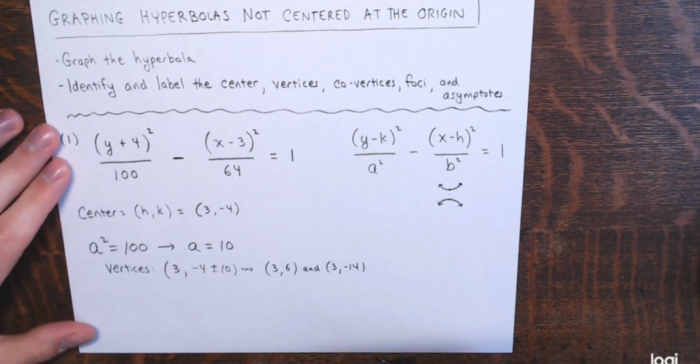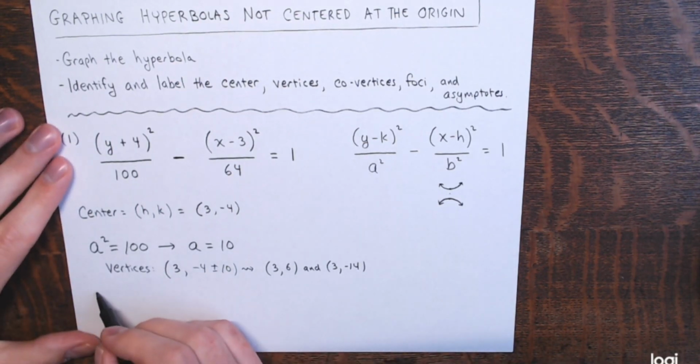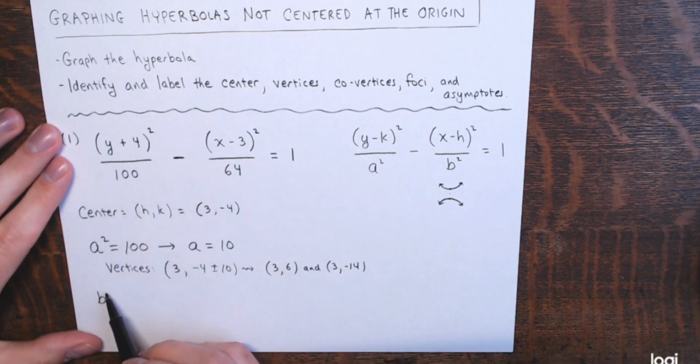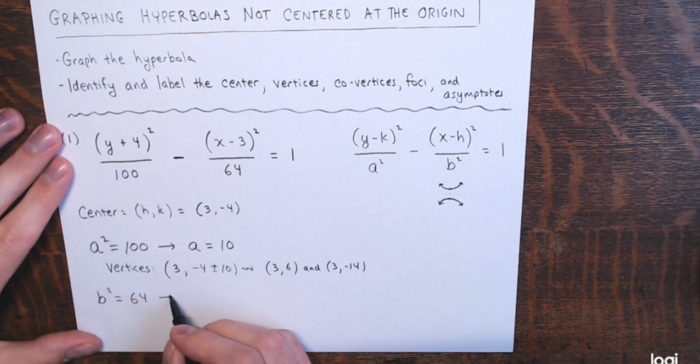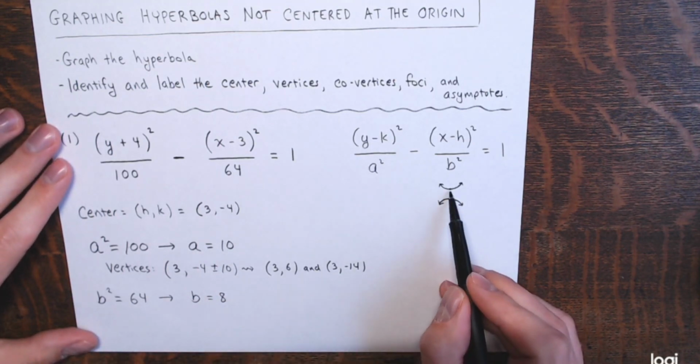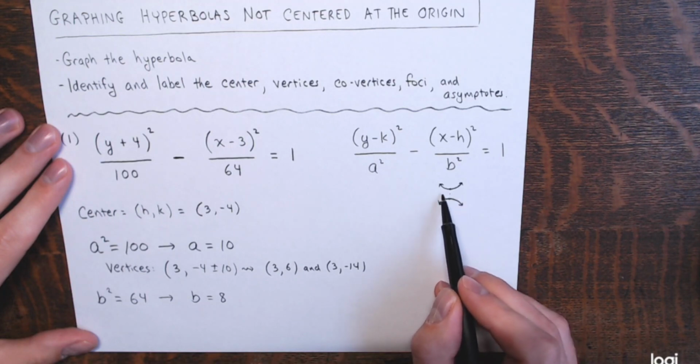All right. Now the other denominator, the denominator under the negative term, the term with the negative coefficient, that's the b squared, 64. So b must be 8 then. Now if the vertices are above and below the center, the co-vertices, which are not on the hyperbola, will be to the right and left.